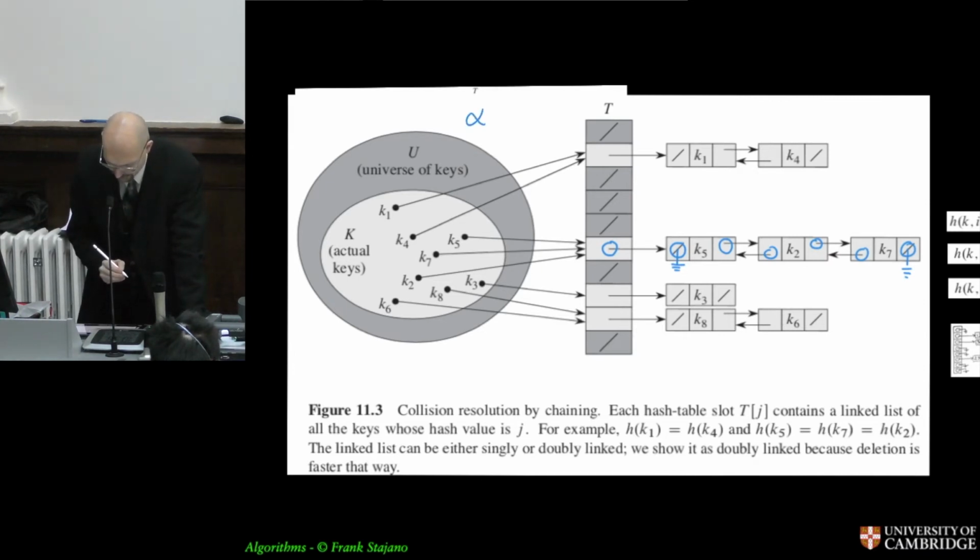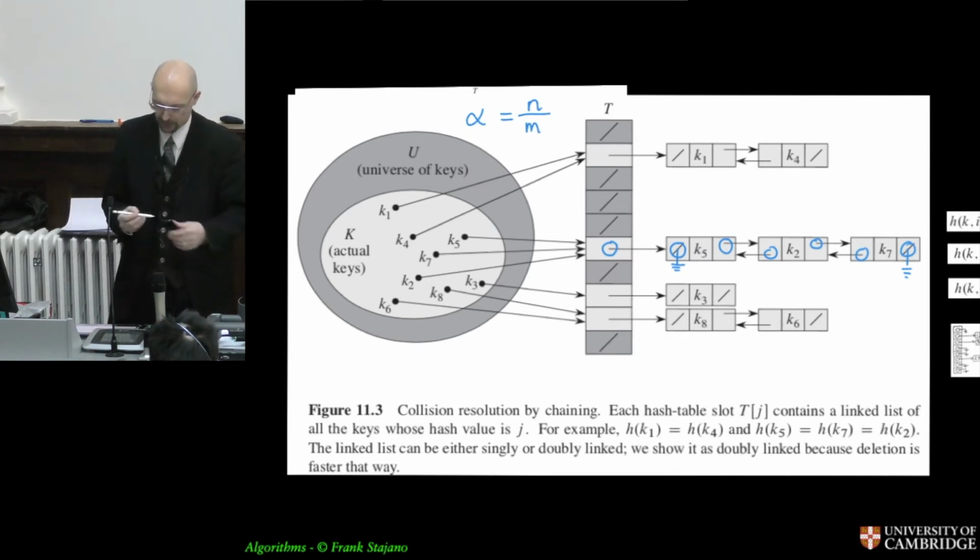And this alpha indicates how many keys there are in the table divided by how many slots there are in the table.